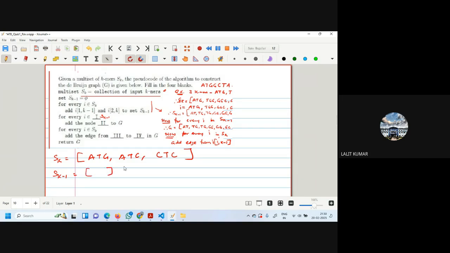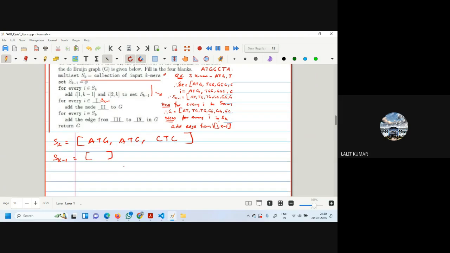For every I in Sk, for example ATG, add I 1 to k minus 1, that is AT, and I 2 to k to set Sk minus 1. So in this step we are making Sk minus 1, which will become AT, TG, AT, TC, CT, and TC.